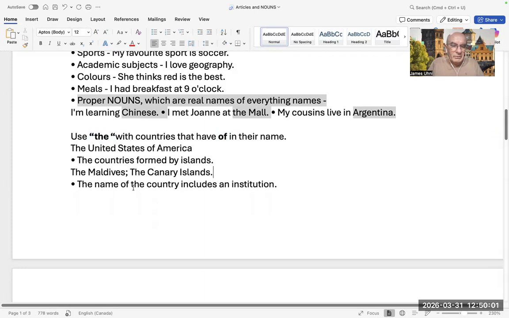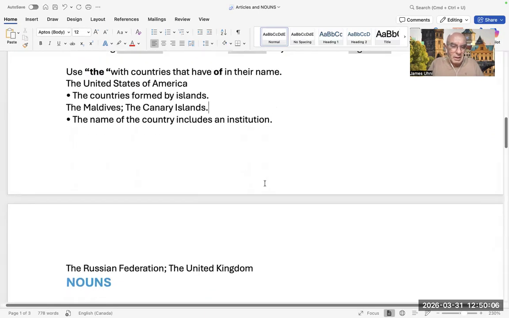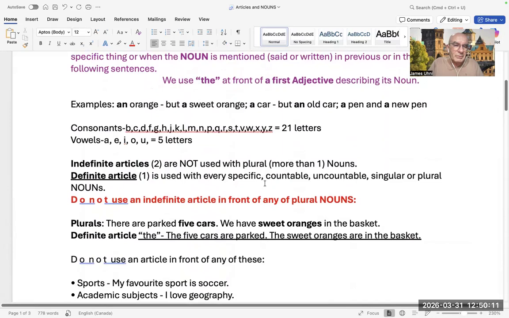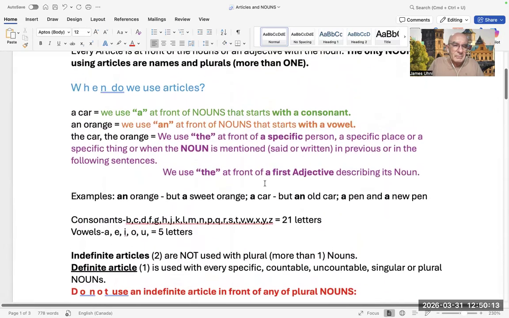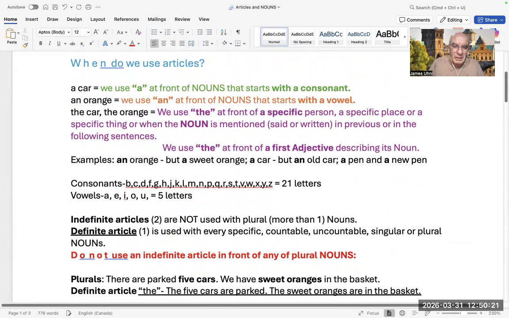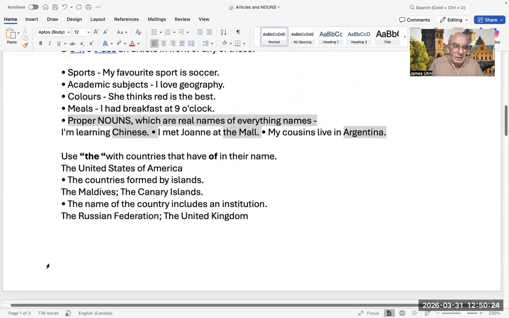The name of the country includes an institution. Okay, I will have to somehow bring it a little bit up so it's not isolated. And we have the Russian Federation, the United Kingdom. The institution is Kingdom, Federation.